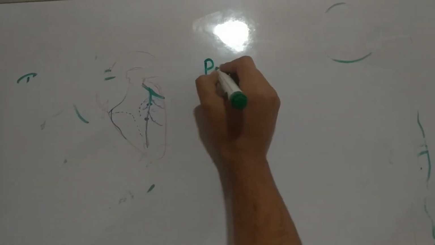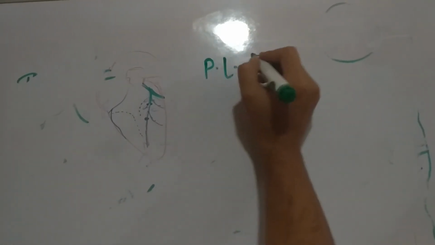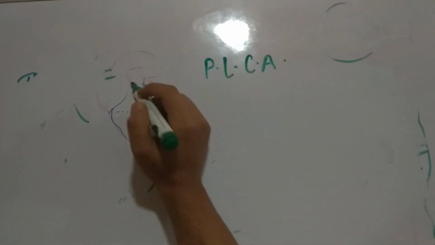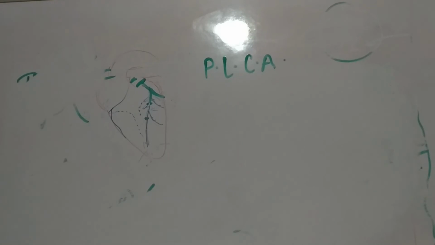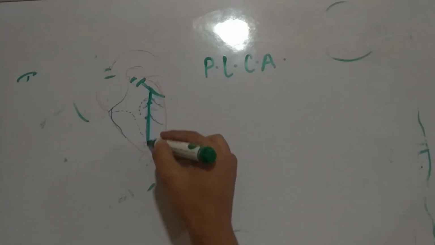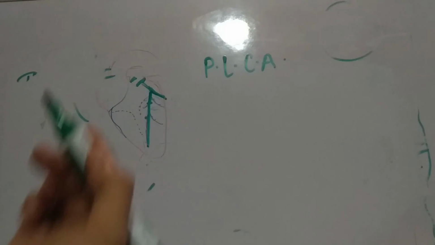What are the changes that you see when there is occlusion in the proximal left coronary artery? Suppose the occlusion is way high up here, let's say. So if the occlusion is that significant, then what will be the consequences? The LAD will also be occluded, the left circumflex artery will also be occluded.